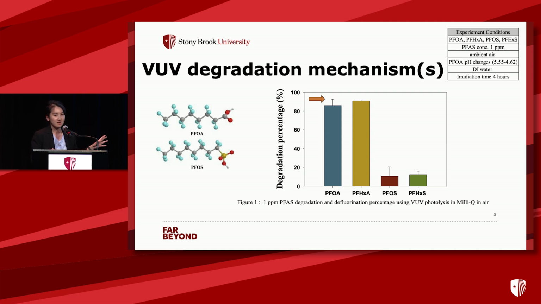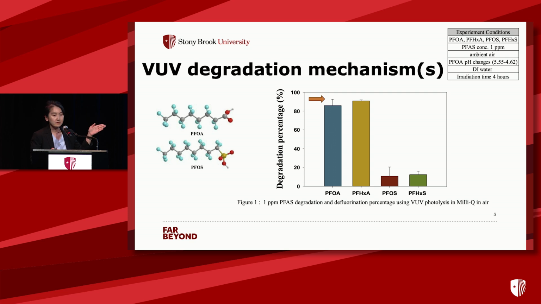Depending on carbon chain length, we can also characterize them as long chain and short chain PFAS. Here, we first employ four PFAS model compounds, PFOA, PFHxA, PFOS, and PFHxS, to perform the vacuum UV degradations.